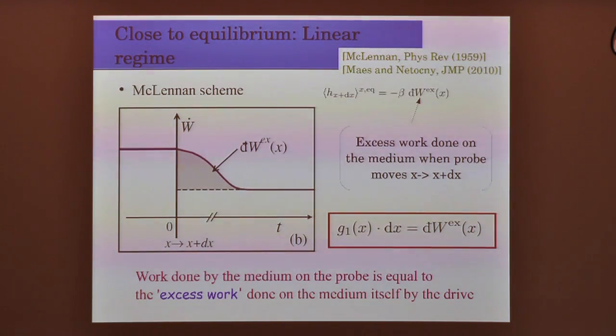What we can show is that the work done on the probe by this medium is actually equal to this excess work done on the medium by the non-equilibrium drive. So, this provides a way to measure this excess work. These excess quantities appear in non-equilibrium thermodynamics everywhere: excess work, excess heat, and excess entropy production.